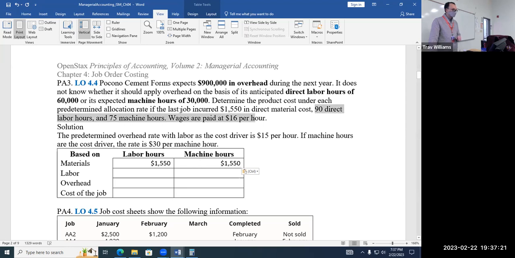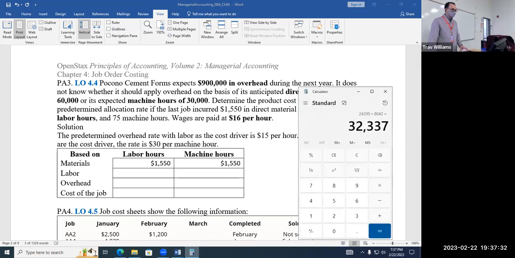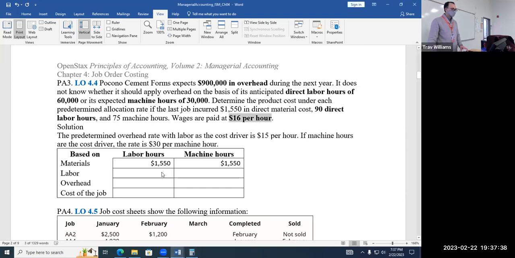They have 90 direct labor hours for this particular job, and their labor rate is $16 per hour. So we take 90 hours times $16 an hour. Labor comes out to $1,440. That is the same in both scenarios. The only thing that's changing is how much overhead to apply to the job.